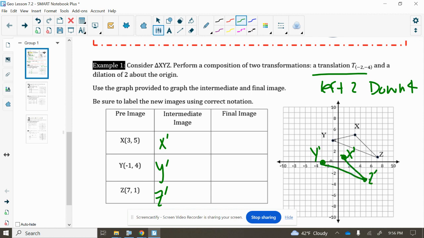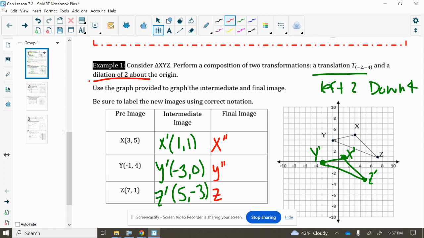Again, we graph, and as well as plotting our points 1, 1, negative 3, 0, and then 5, negative 3. From there, we are going to take our translated image and make that into another transformation, a dilation of 2. So to get the double primes, we are going to take the primes here, and we are going to dilate them by our scale factor of 2.